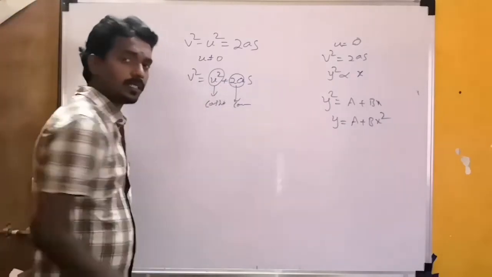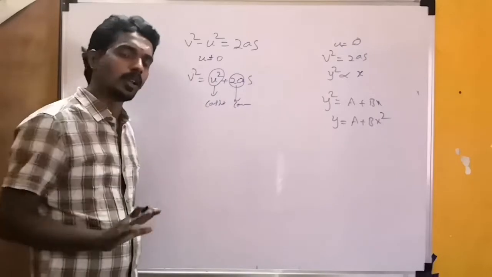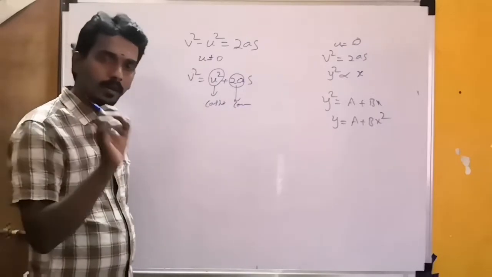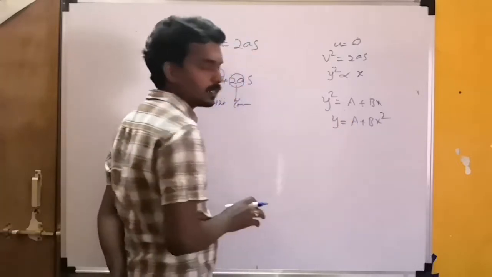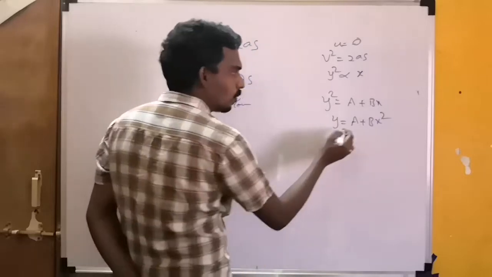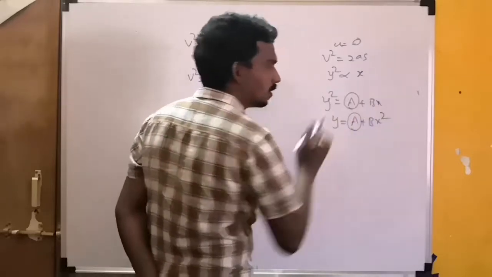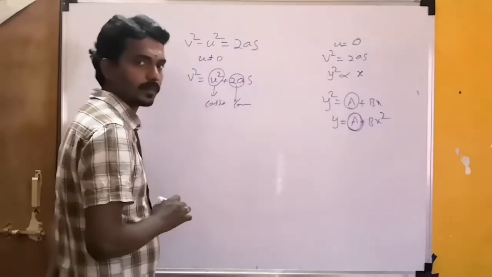In such situations also the graph is a parabola, but some difference will be there. See here, it is not like ax plus bx square, it is like a plus bx square. One constant term is there, no variable, only a constant number.